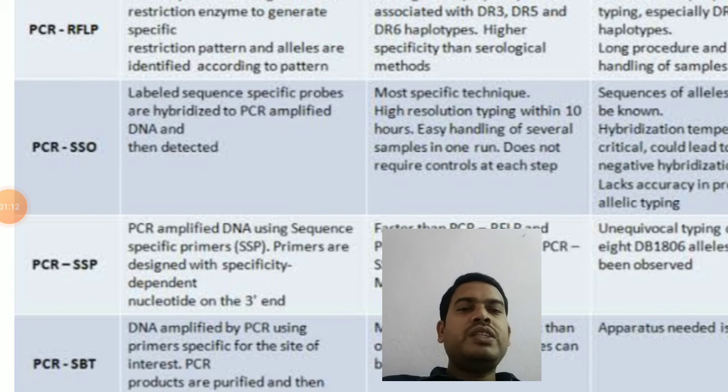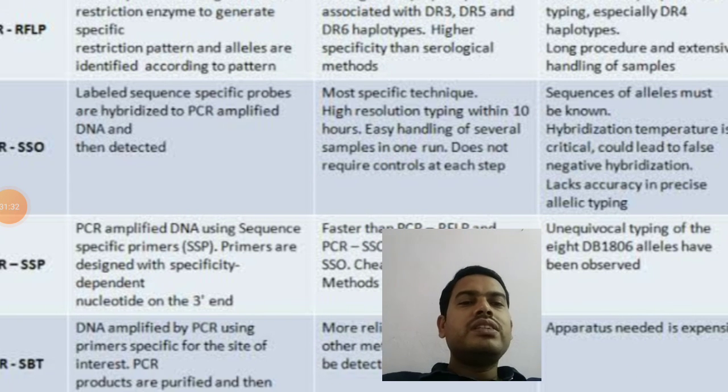PCR SSO, sequence specific probes. So you use sequence specific probes for HLA alleles and compare between donor and recipient. This is also called the most specific technique.